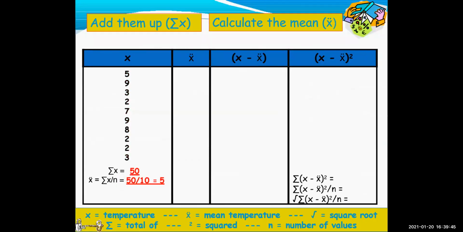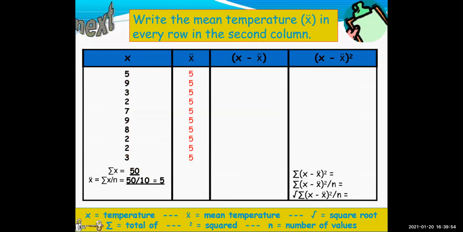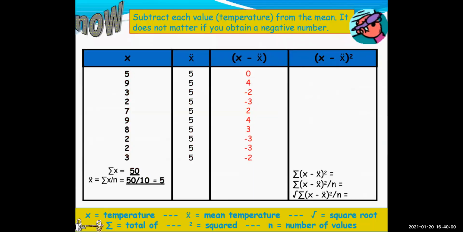So the summation of all the temperatures, that is sigma x, is 50. 50 upon 10 is equal to 5. So this is how we have got the mean, that is x bar, 5. Now we need to find x minus x bar. So 5 minus 5 is 0, 9 minus 5 is 4, and so on.